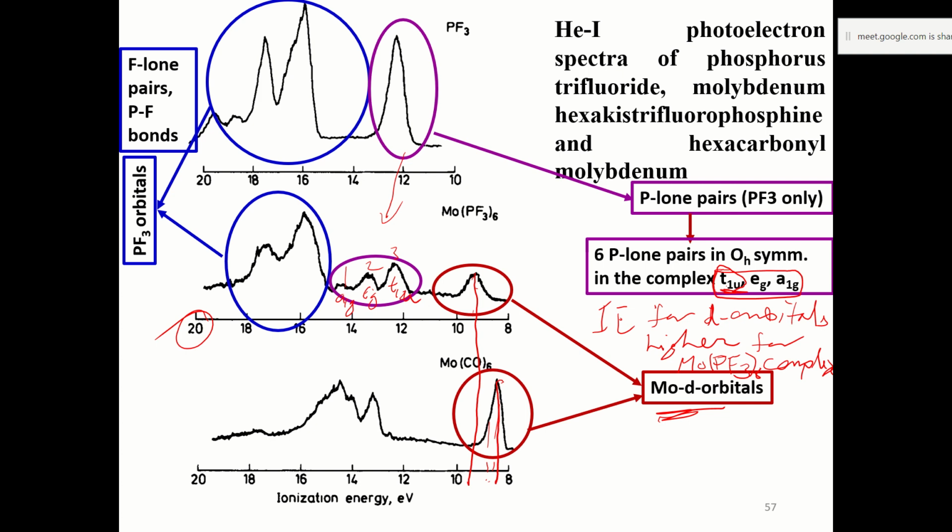इसका ये मतलब हुआ कि PF3 is able to stabilize the complex much better. और ये जो complex है, so this is the proof that PF3 is acting as a better pi acceptor.